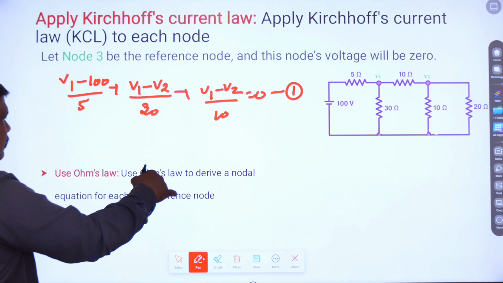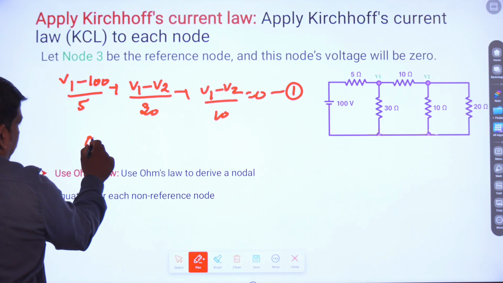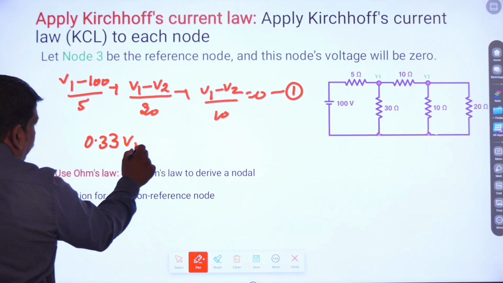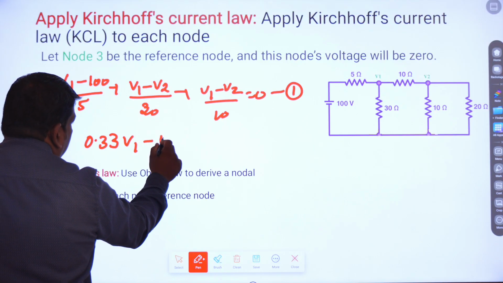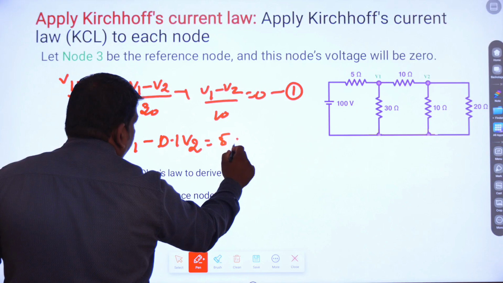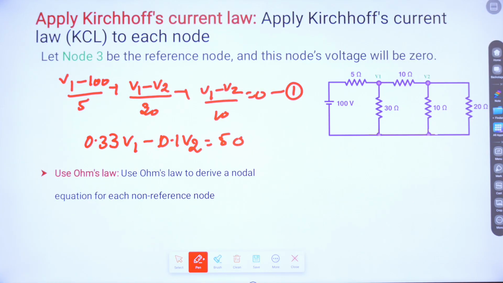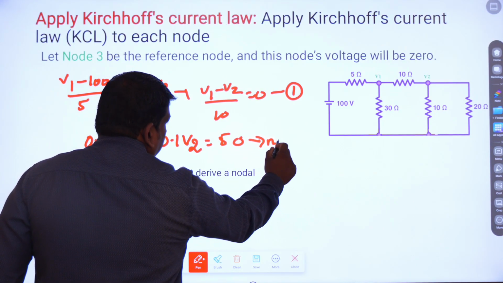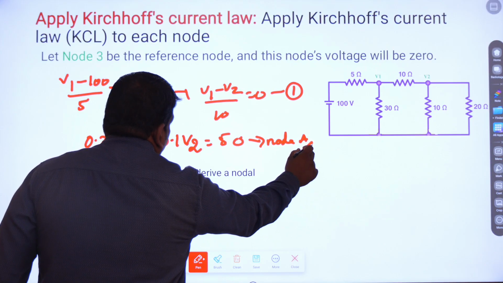If you simplify this equation, we will get 0.333 V1 minus 0.1 V2 is equal to 50 for your node 1 equation.